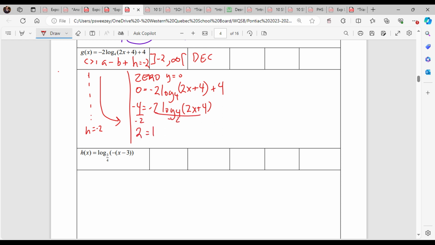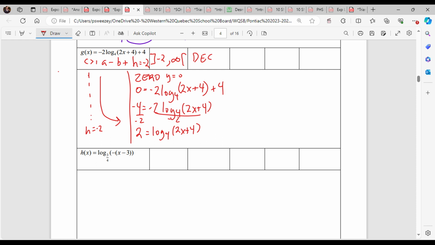So 2 is equal to log base 4 of (2x + 4). Now, once we've isolated the log base bx minus h, it's really very similar to that trig guy. Well, now is when we switch to exponential form, because we have an output that is essentially in log form.